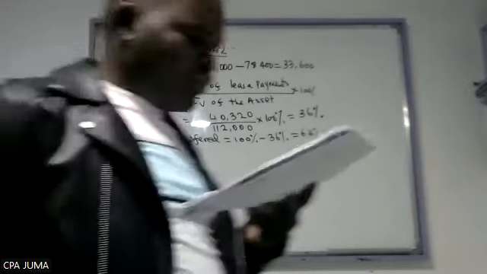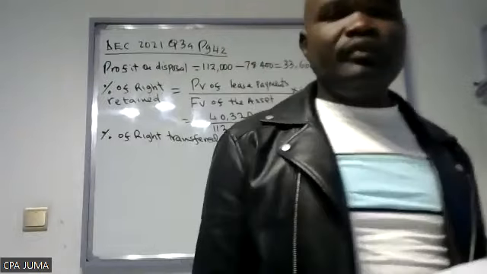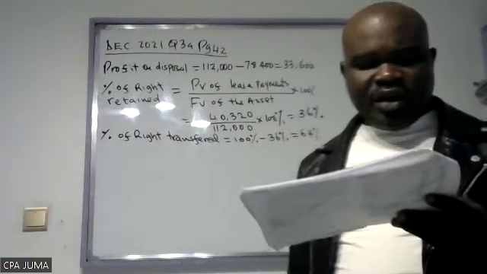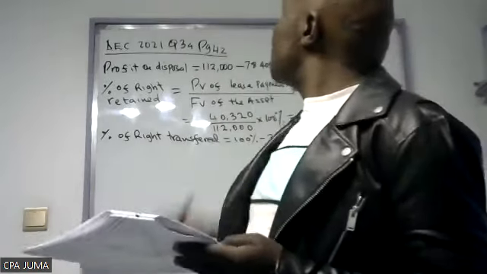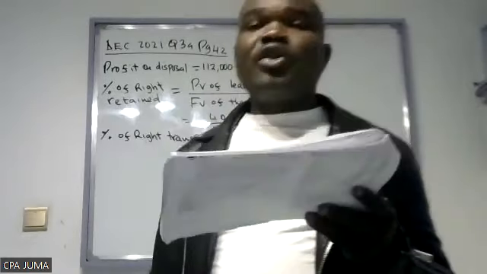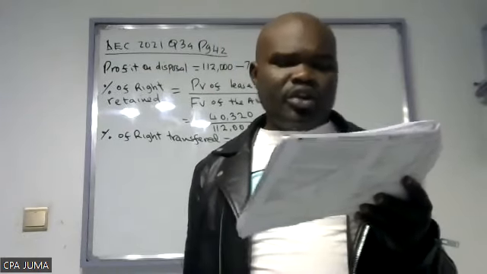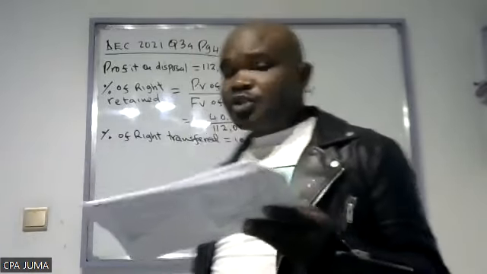Next, we are continuing with the reading. Harry Limited, the last paragraph. Harry Limited recorded the cash proceeds. How much did they sell it for? 112. So that's what they recorded. De-recognized the building, and recorded a profit of disposal of 33.6 million in the statement of profit or loss.